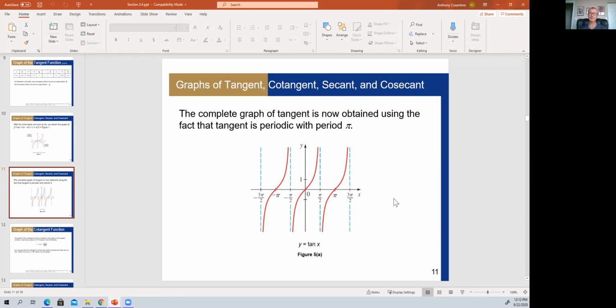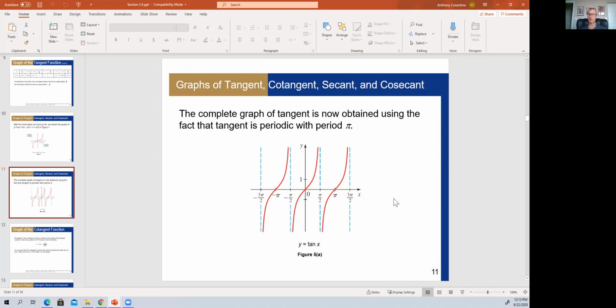The reason is that if you multiply tan by a number greater than 1, it's just going to grow faster, but it's still going to reach infinities. And if you multiply it by a number between 0 and 1, it would also just grow slower. So we really don't talk about amplitude in any of the other trig functions except sine and cosine.